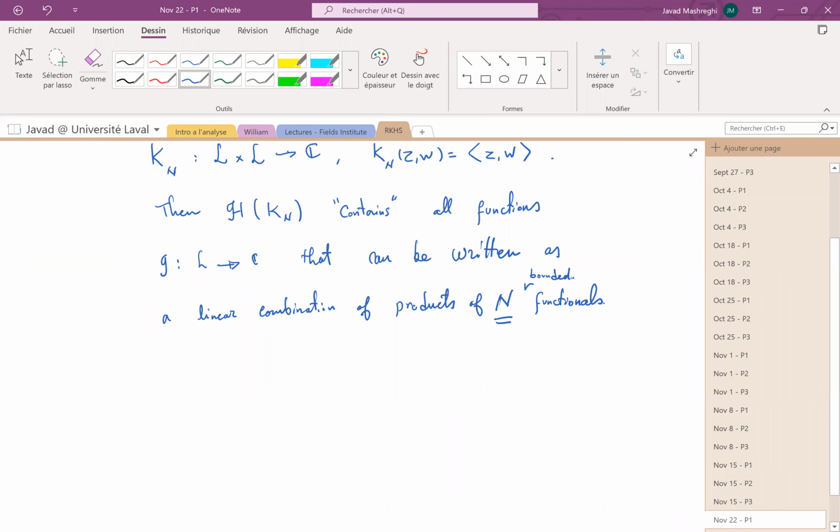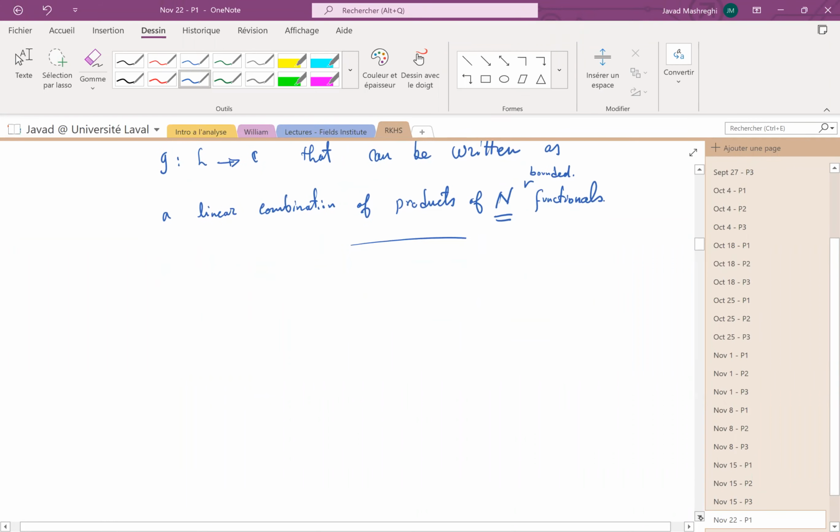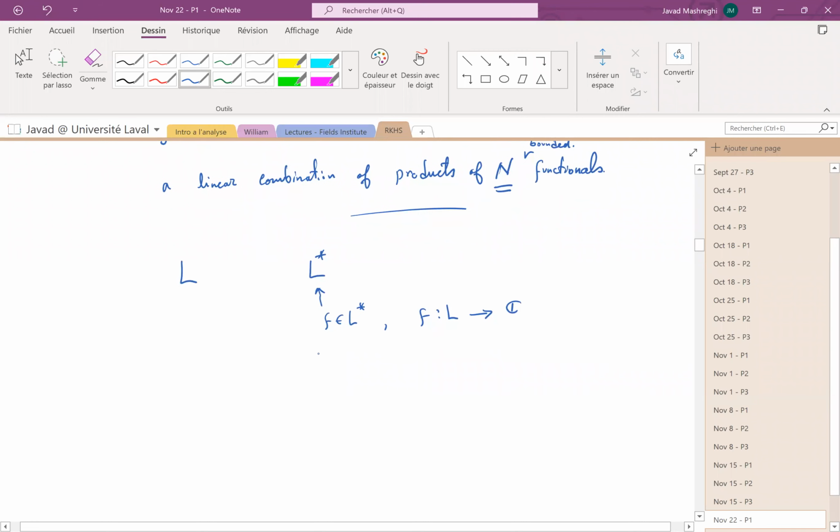So you consider the dual space. You have L, the space, and its dual L star, which consists of elements F in L star, so F is defined on L with values in C. You consider any n of these, F1, F2, up to Fn in L star.